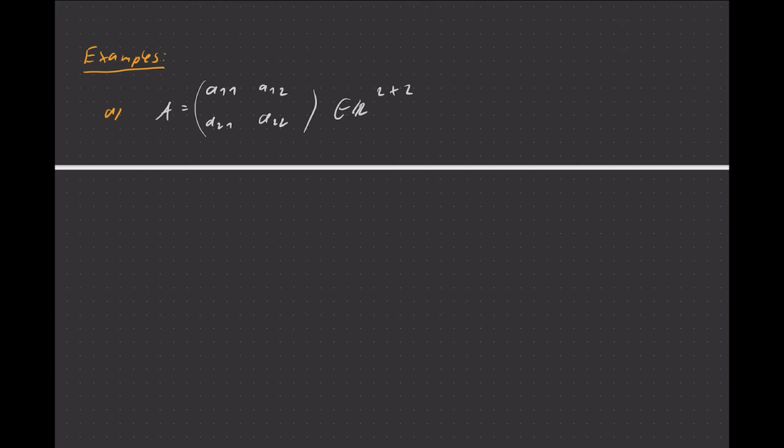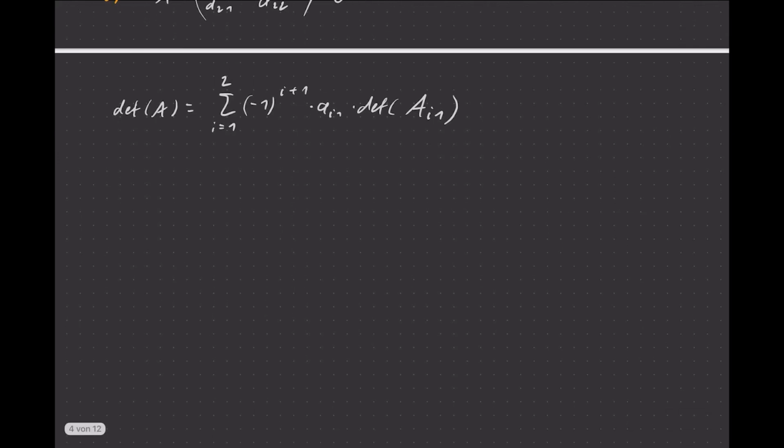So what we need here is the determinant of A. Remember, that is the sum from 1 to n, and n is 2 in this case, of minus 1 to the i plus 1 times Ai1 times the determinant of the cofactor Ai1.